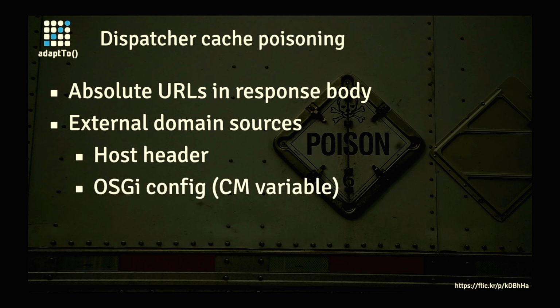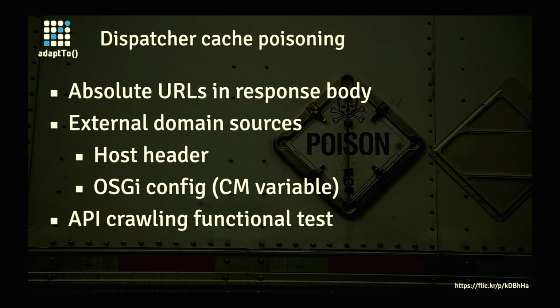Or when there's no request and we still need to render an absolute URL in the code or in any other place, we have a fallback to an OSGi config, which stores or references a Cloud Manager variable that essentially says, hey, if you don't know, if there's no request, there's always a fallback you can use.